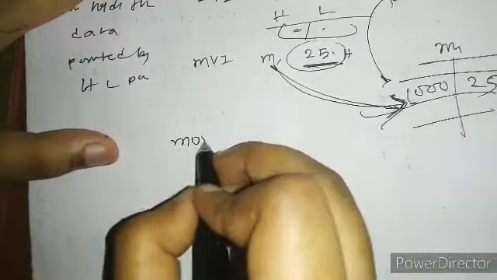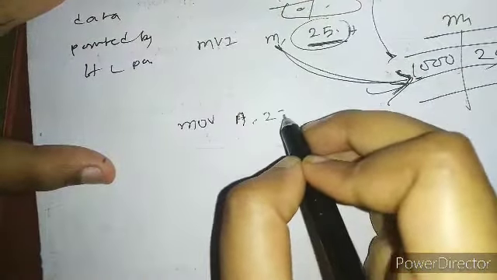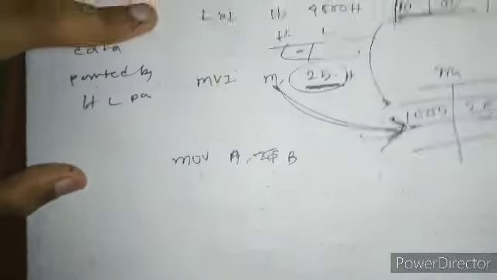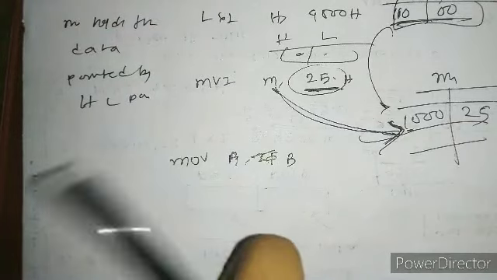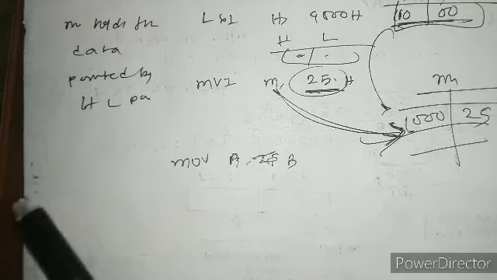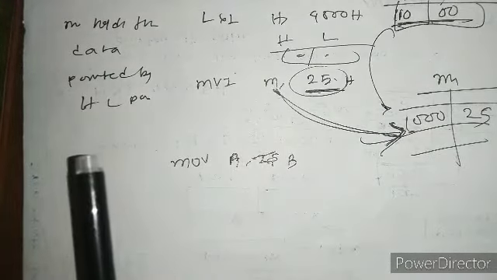Then MOV A, B, MOV B, C and all. MOV M, data, MOV data, M, then LDA, STA, LDAX, STAX, LHLD, SHLD, and the 4: PCHL, XTHL, SPHL.